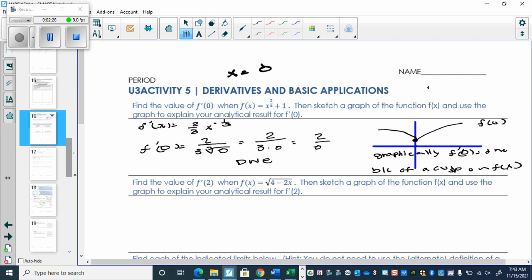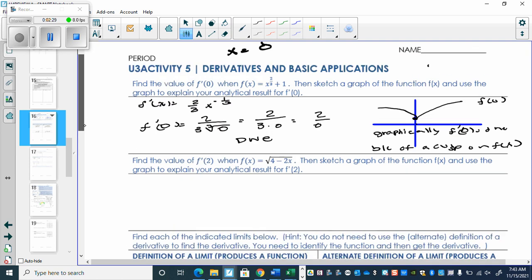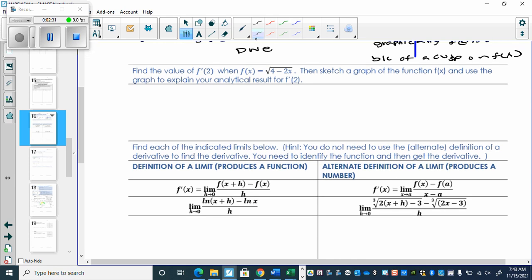Okay? So for f prime of 2, I'm going to create a rough sketch of this graph. And you can always use graphing calculators to kind of see what the overall graph looks like, but it's just to be helpful. But here, this graph starts at (2, 0), and then it extends all the way to the right.